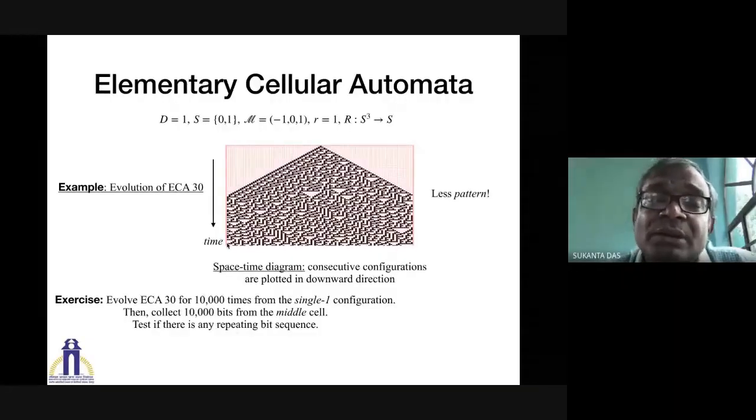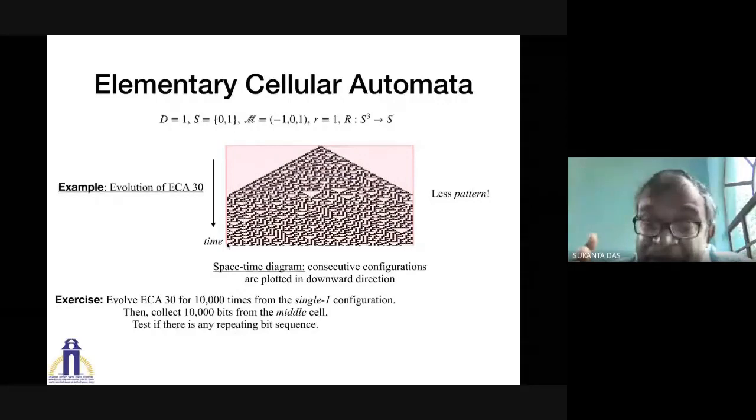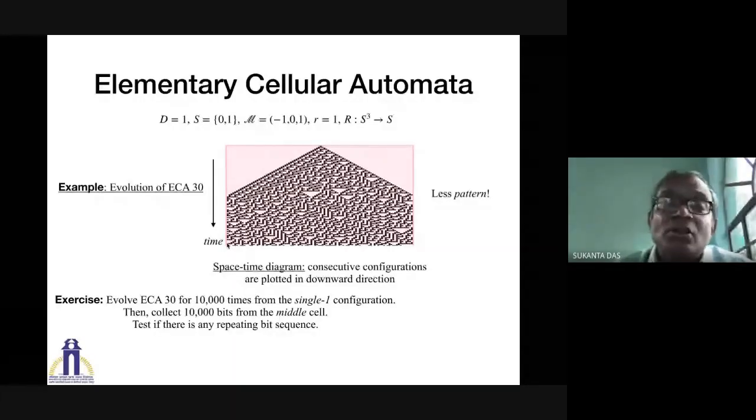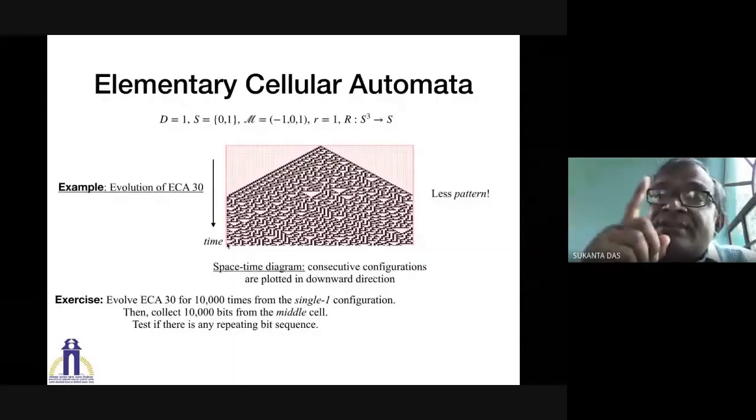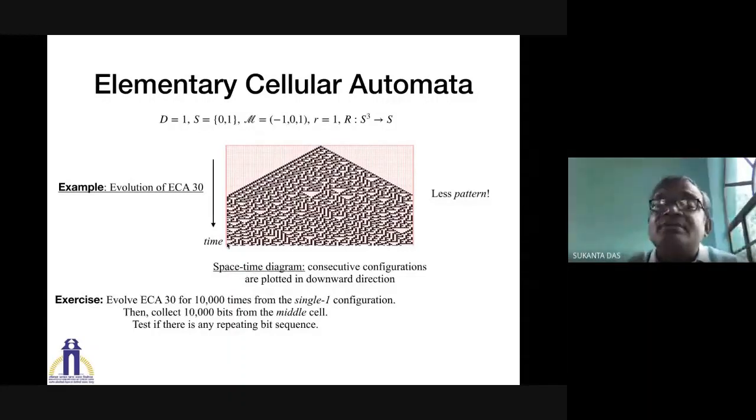Wolfram has a book called A New Kind of Science. In that book, Wolfram experimented with all rules from rule 0 to rule 255. He experimented with an initial configuration having a single 1 and the rest 0, one starting point.